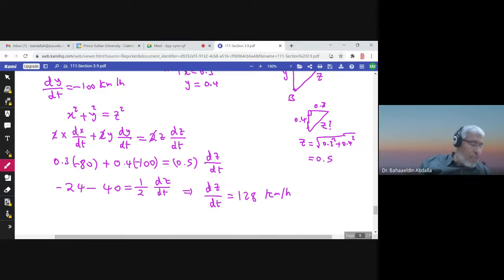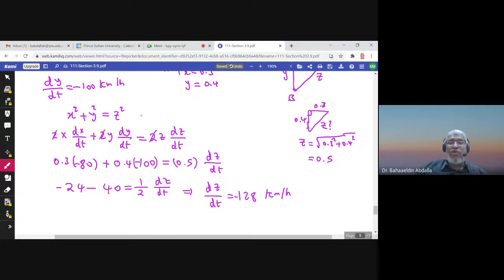Yeah, it's okay. So negative 24 minus 40 is negative 64, multiplied by 2. So it would be negative 128. So that's the answer, just the negative sign.